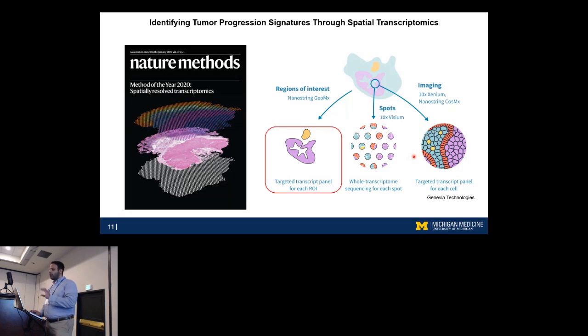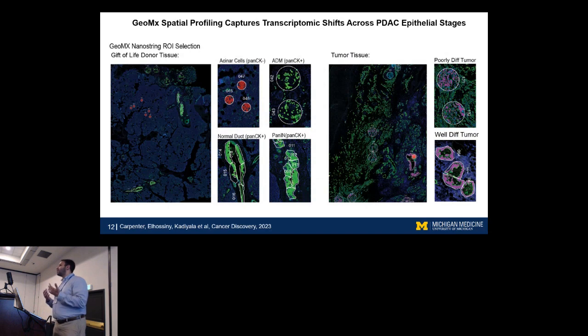Since we knew what we're looking for, we wanted to use the GeoMx platform, because we know the histologic phenotype, so we know what the different epithelial structures look like, but what we'd like to understand is the transcriptomic profile. So we opted to use the GeoMx platform, in which we chose different regions of interest based on the histological profile that we know of.